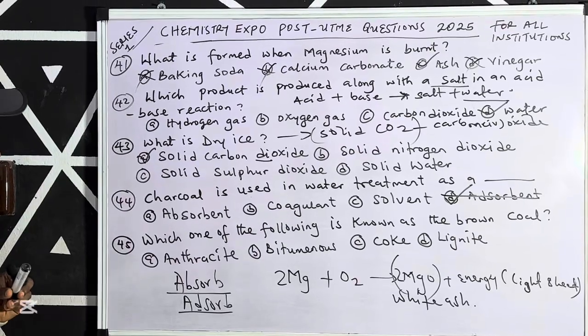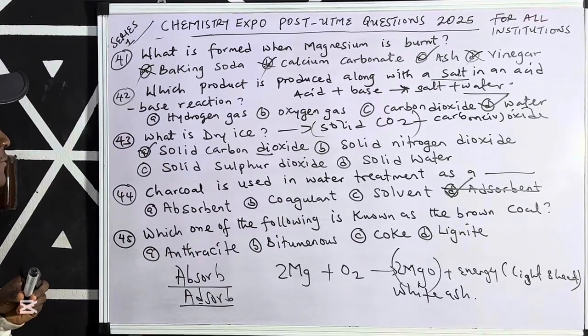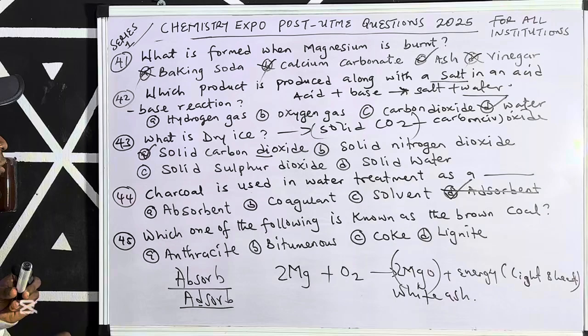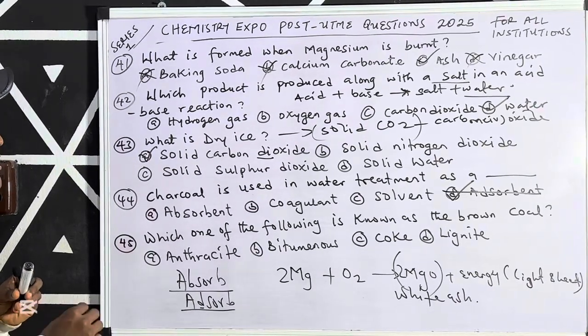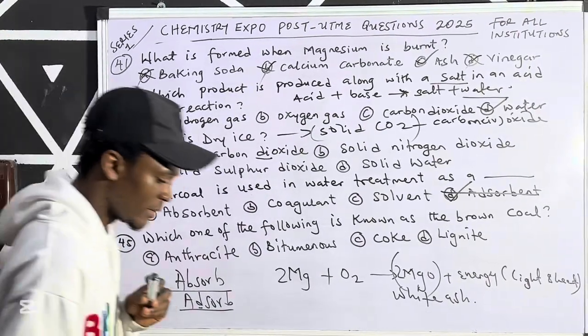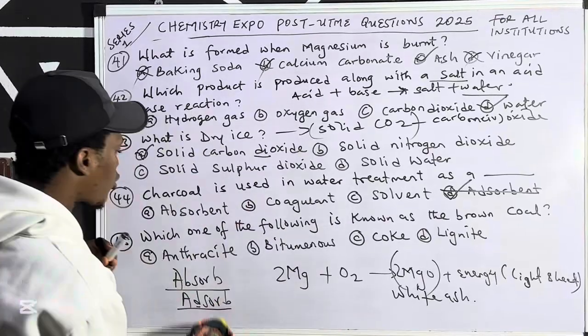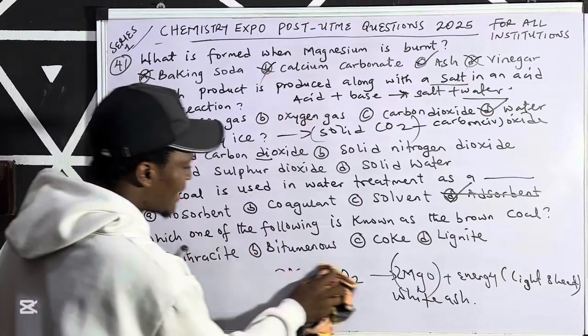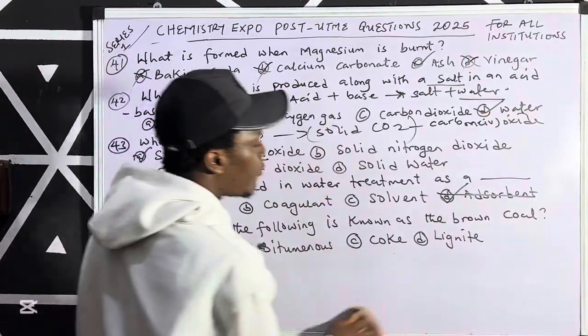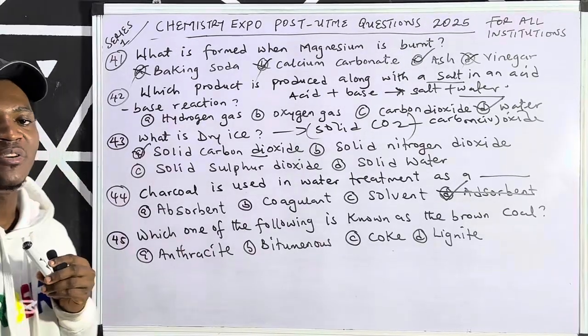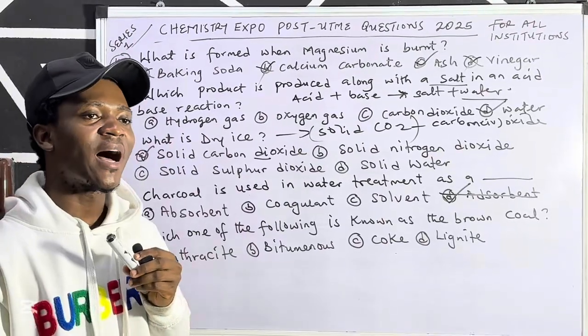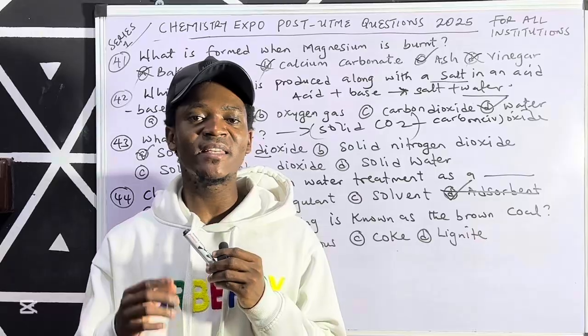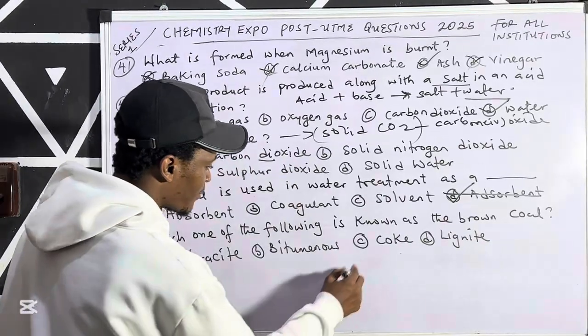Take note of that. Question 45, which one of the following is known as the brown coal? Now, looking at coal, coal is an example of amorphous carbon, meaning non-crystalline carbon, and it was obtained in the Carboniferous period.